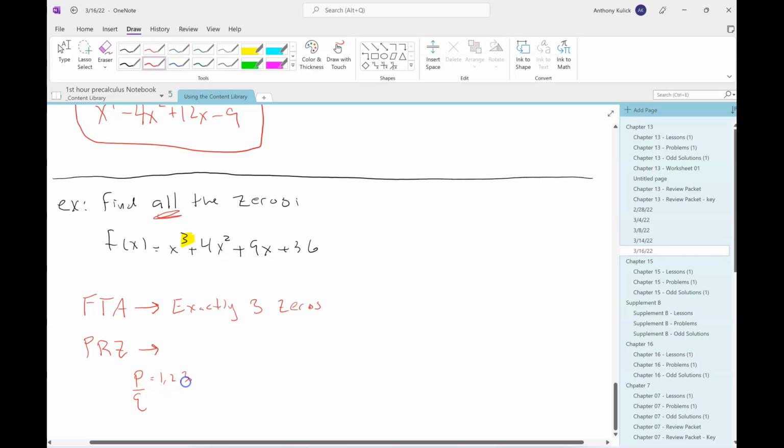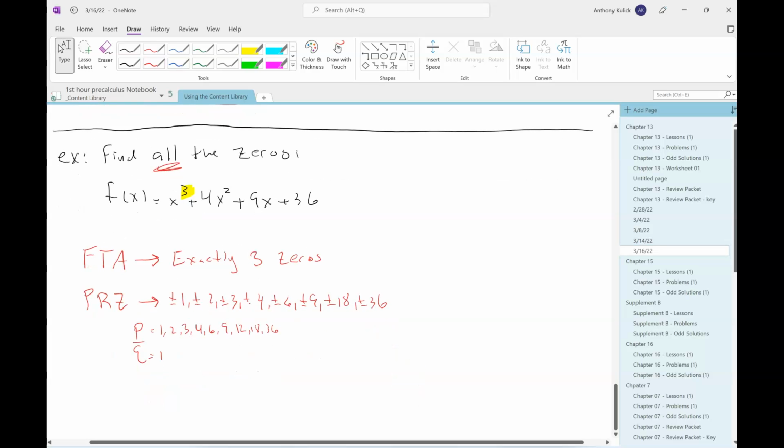So 1, 2, 3, 4, 6, 9, 12, 18, or 36. Oh, Mr. Kulik, there's so many. Yeah, but Q is just 1. So I just have my factors of plus or minus my factors of 36, which isn't great, but it could be worse.